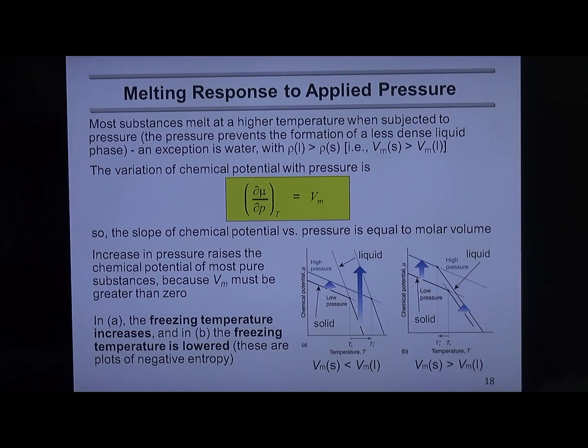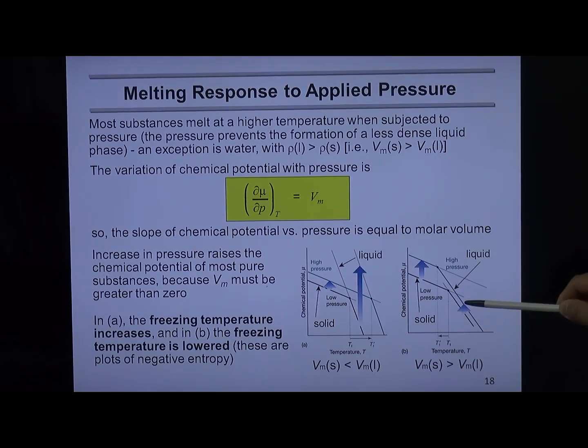This is the most common case. For most materials, the molar volume of liquid is larger than the molar volume of solid. On the other hand, if the molar volume of solid is larger than the molar volume of liquid, then by increasing the pressure, the increase in chemical potential for solid would be larger from here to here than for liquid, right?